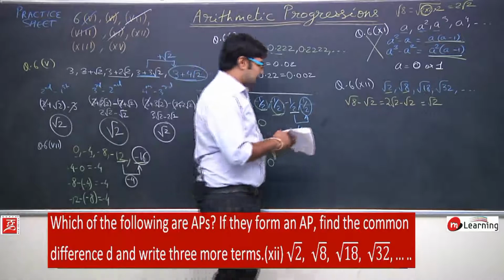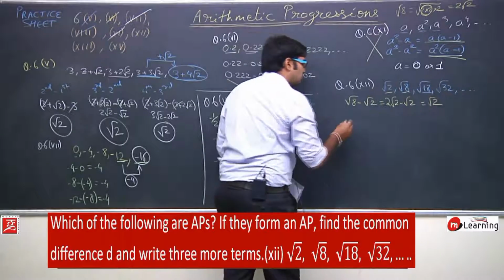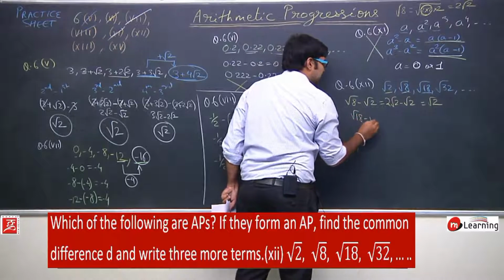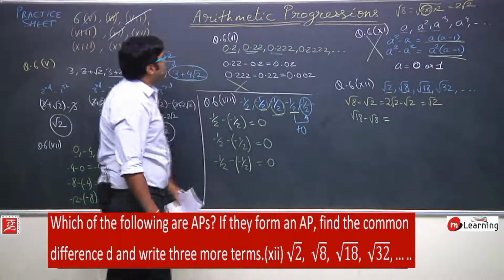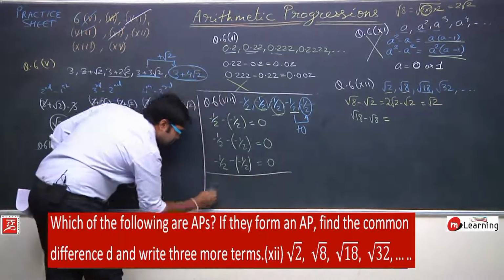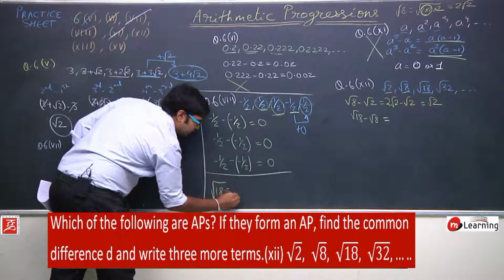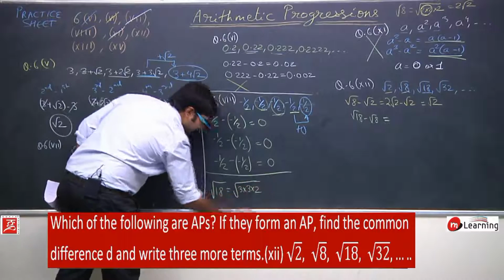Now after that, third term minus second term. Third term is root 18, second term is root 8. Now what is root 18? How will you calculate root 18? The square root of 18 will be equal to the square root of 3 into 3 into 2.